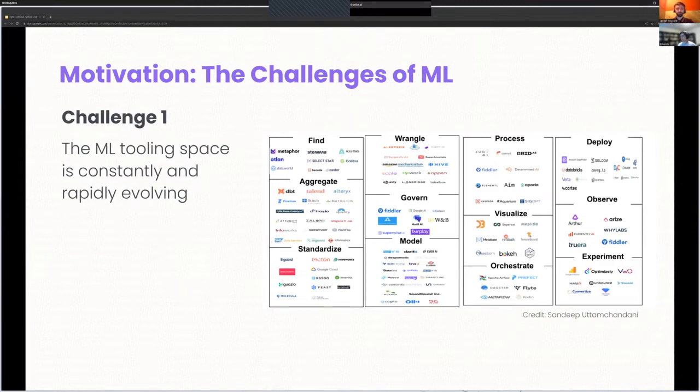You can see here, I listed just a few of the solutions in the different steps of producing an ML application. Just looking at this makes my head dizzy. So we looked at this and said, hey, Flyte understands fundamentally that the ML tooling space is evolving rapidly.